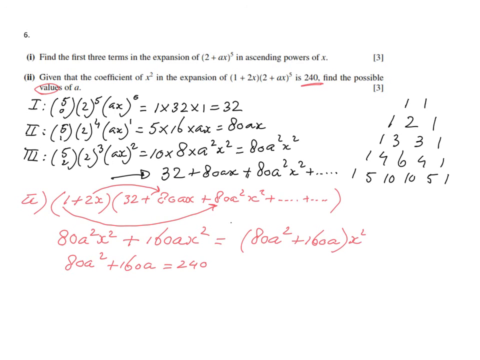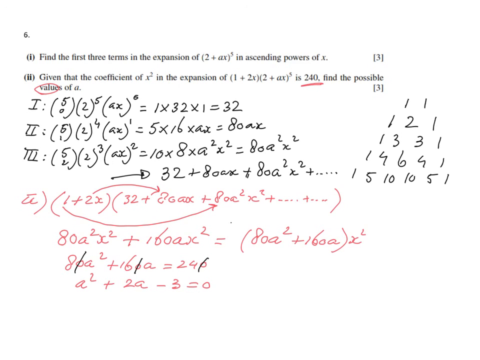Make your life easy, divide everything by 10. So you see 8, 16, 24. And then you see, oh, I can also divide everything by 8. So I get a squared plus 2a minus 3 equals 0. So I also already moved the 3, 24 divided by 8, to the other side, because when we're solving quadratics, we equate to 0.